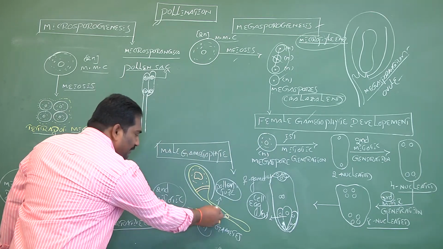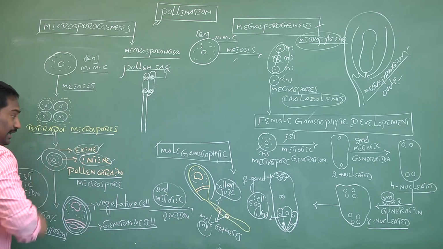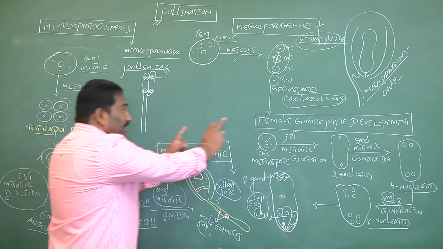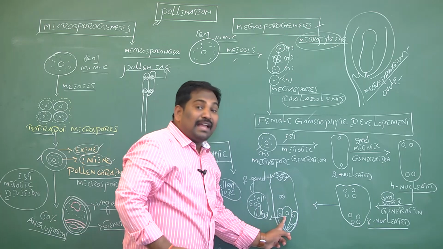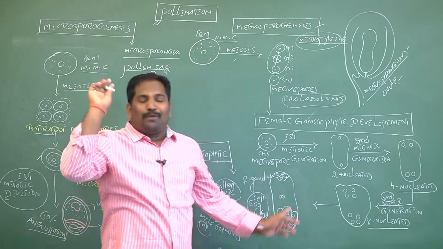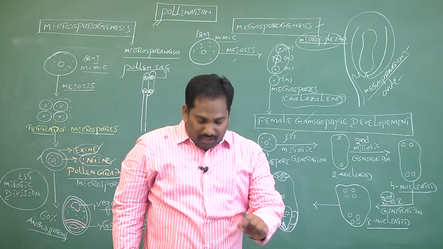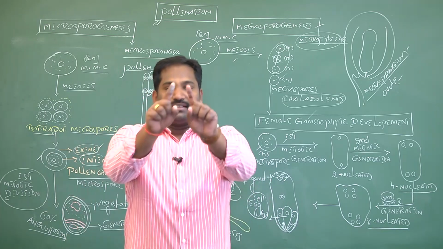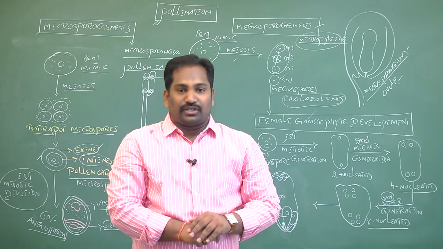The male gametes are carried by pollen grains. These pollen grains reach the female gametes by the process of pollination. Now we need to discuss the definition of pollination.